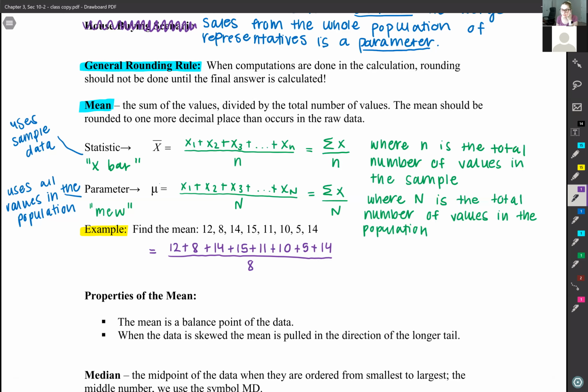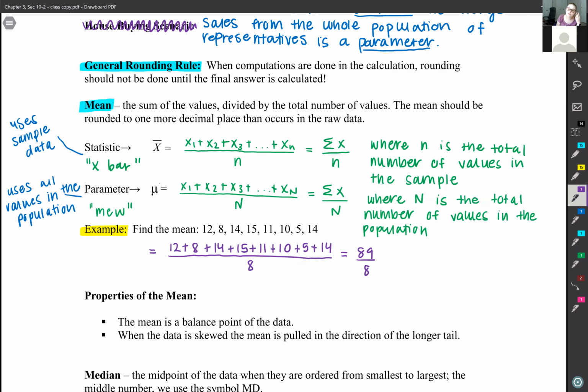So, okay, now we just have to add these all up. So definitely fine to pull out your calculator just to add these all up. Sometimes it's nicer to do that than in your head. So 12 plus 8 plus 14 plus 15 plus 11 plus 10 plus 5 plus 14. That should give you a total of 89. So this is equal to 89 over 8.